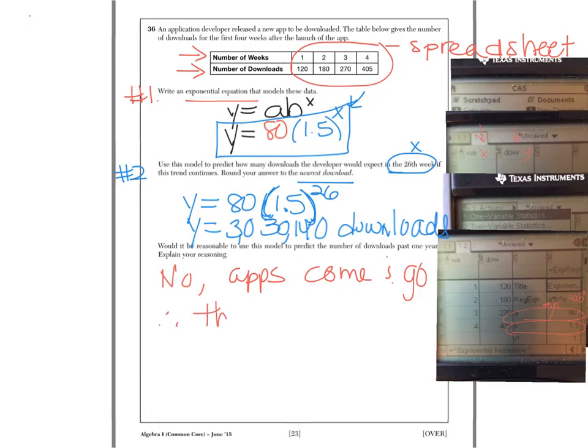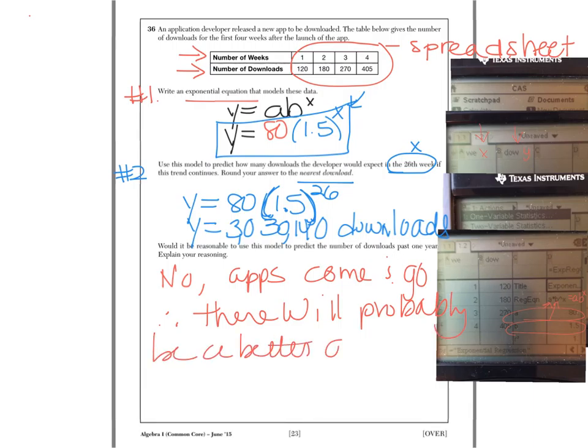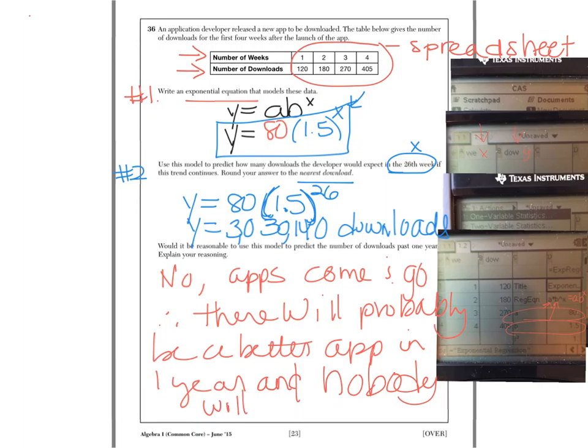Therefore, there will probably be a better app in 1 year. And nobody will be downloading this one anymore.